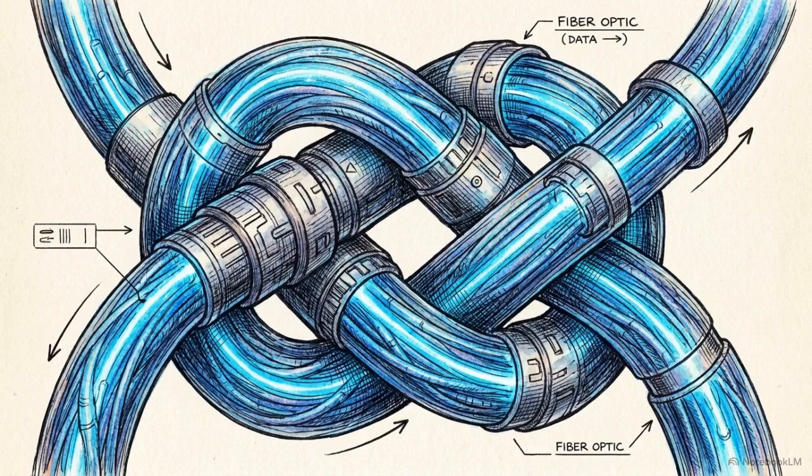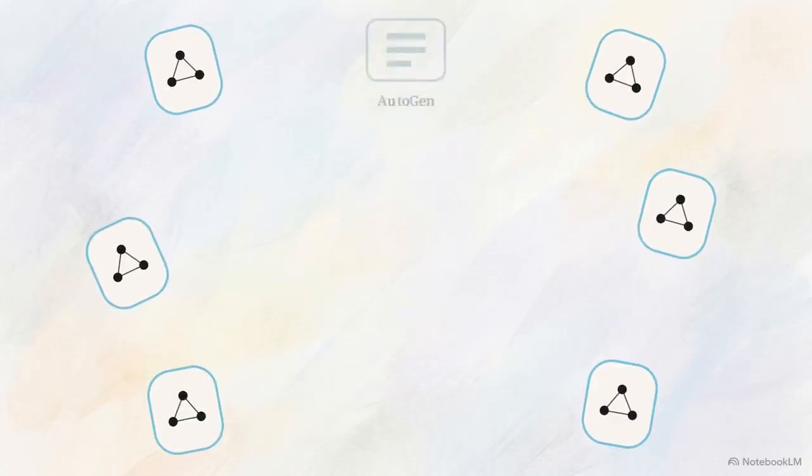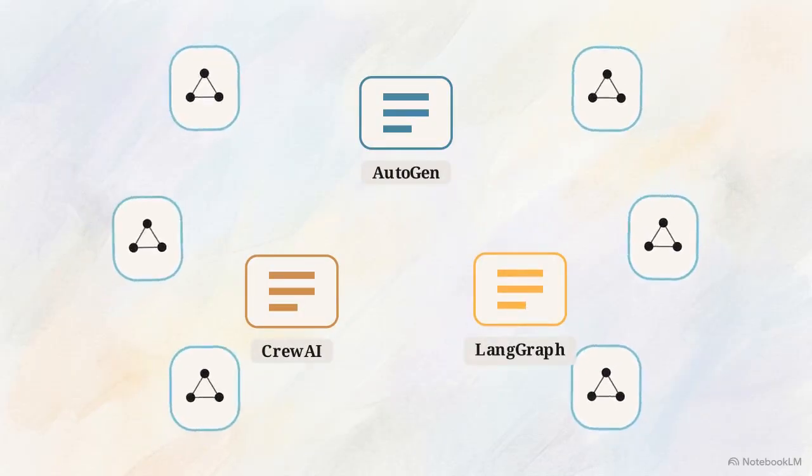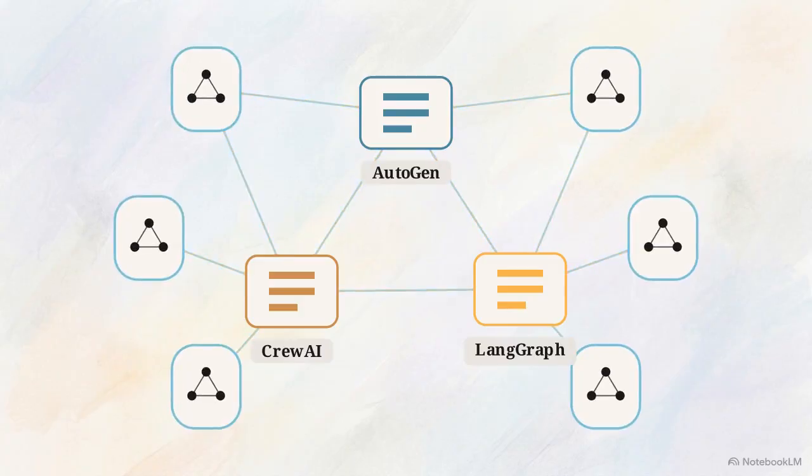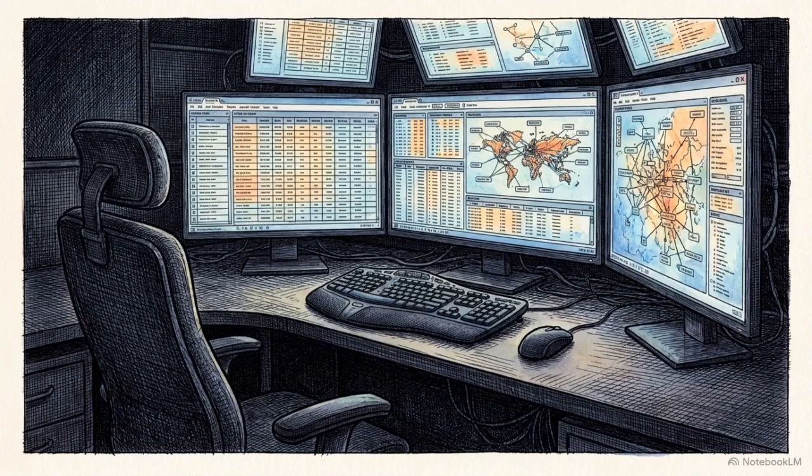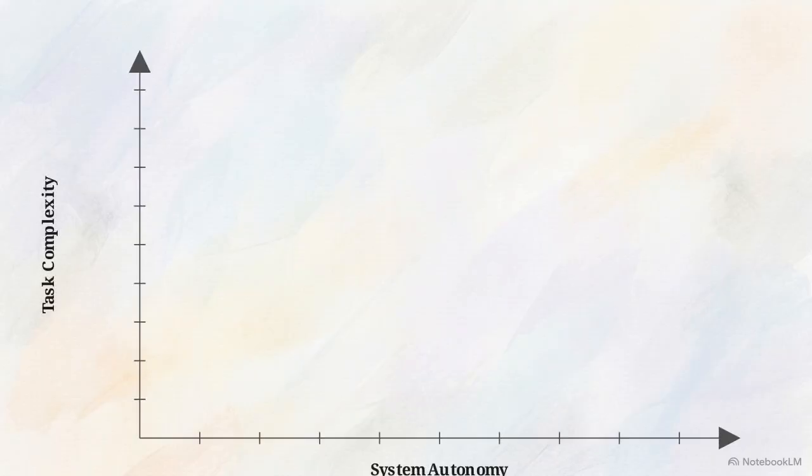Wiring this complex data transfer together requires dedicated industry frameworks, such as Microsoft AutoGen, Crew AI, or LangGraph, to act as the architectural glue between the nodes. By structuring agents into a collaborative network, the system strips away the need for human micromanagement, achieving complex, multi-domain goals autonomously.